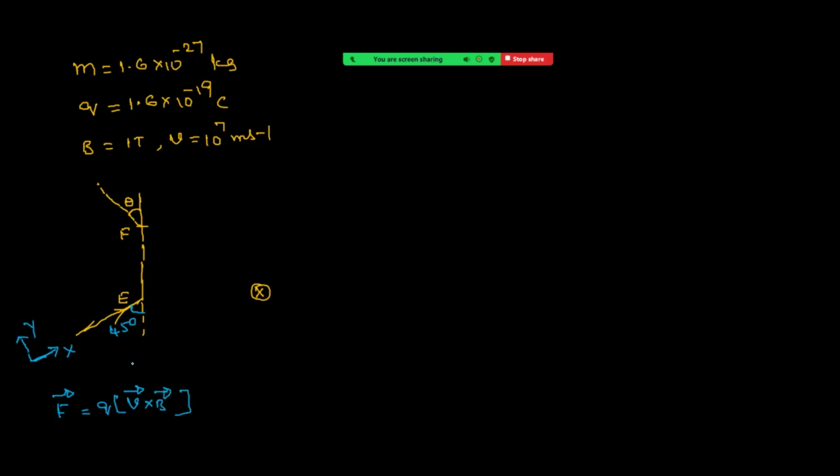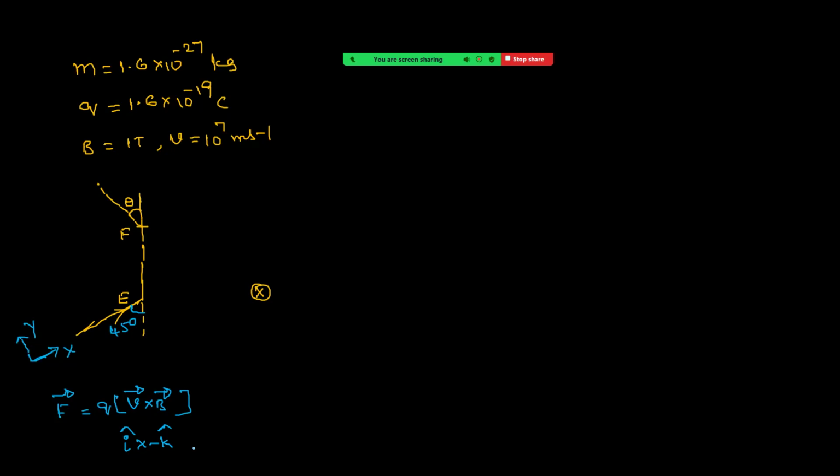Okay. So I have taken this direction of velocity along the x-axis. Therefore, V bar is i cap. Direction of V bar is i cap. i cap cross minus k cap. So i cap cross minus k cap. Then see what we get. i cap cross k cap is minus j cap.